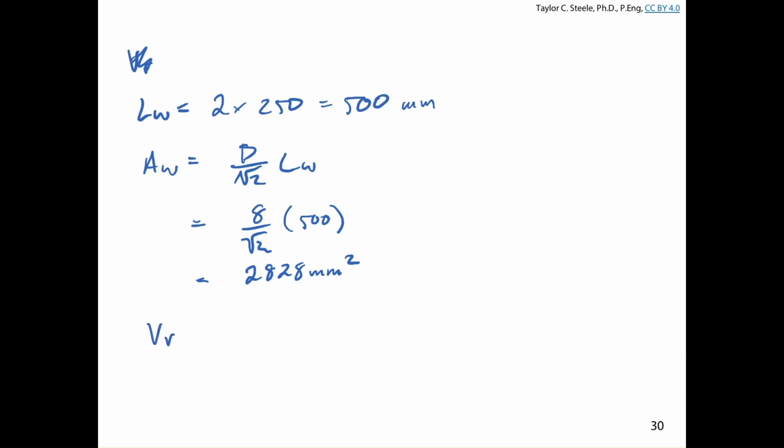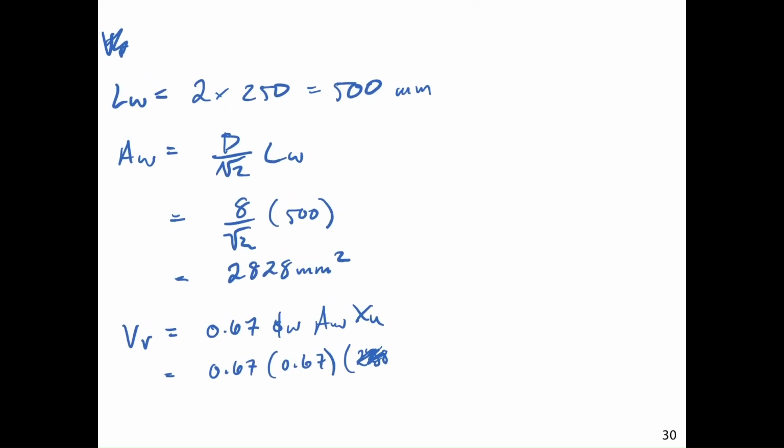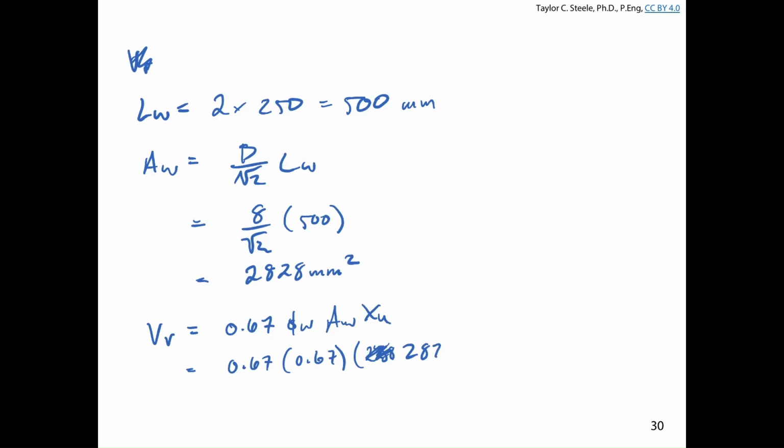And if we plug that into the expression for shear resistance, 0.67 VW AW XU, we get 0.67 times 0.67 times 2,828 millimeters squared times 490 MPa. And if we were to actually do the calculations there, we end up with 622 kilonewtons.